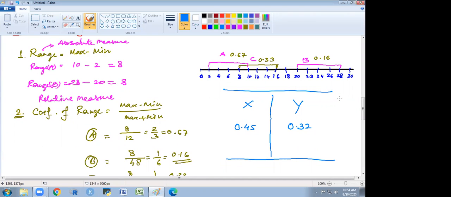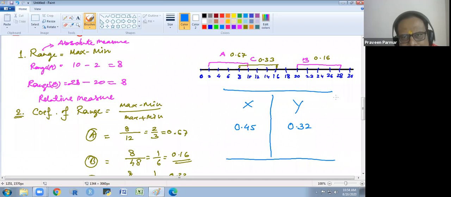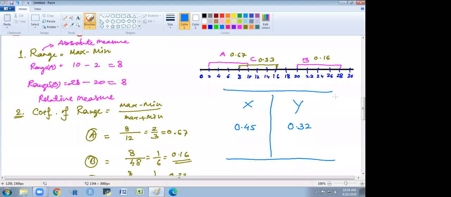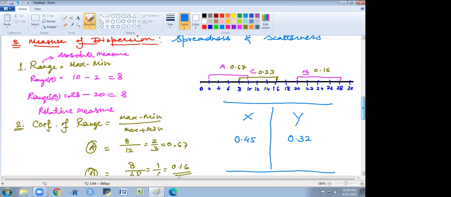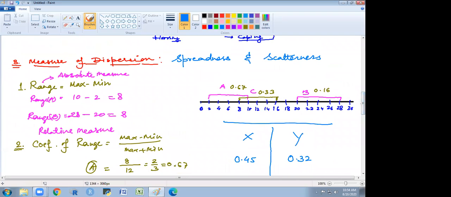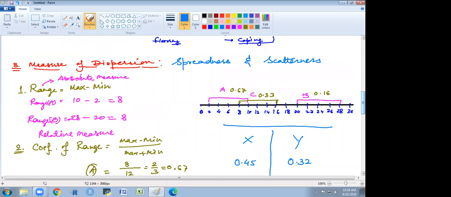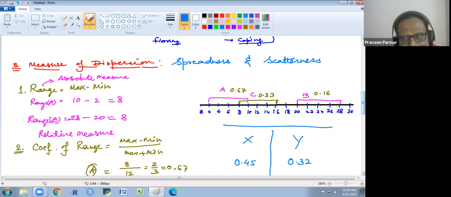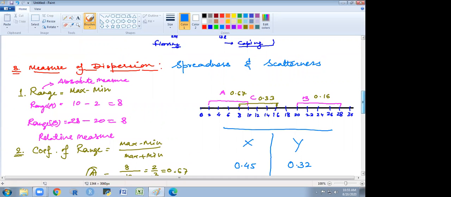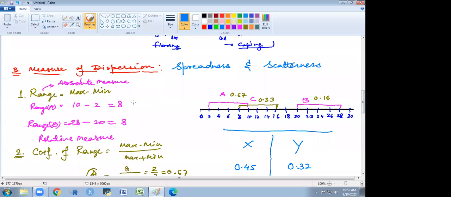But sir, here the range is the same in both data sets A and B, 8 and 8. But if the range is different, actually what I have learned in some books is that we use the coefficient of dispersion whenever we want to compare two data sets. So if the range of both data sets is 8 and 8, then we cannot conclude anything.